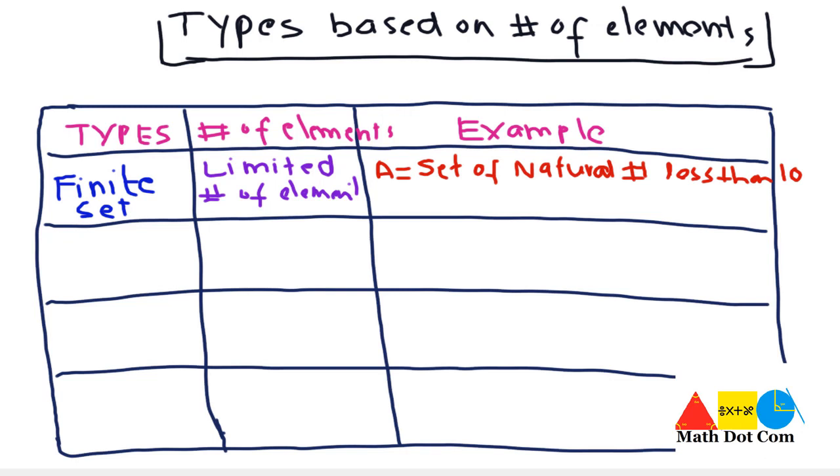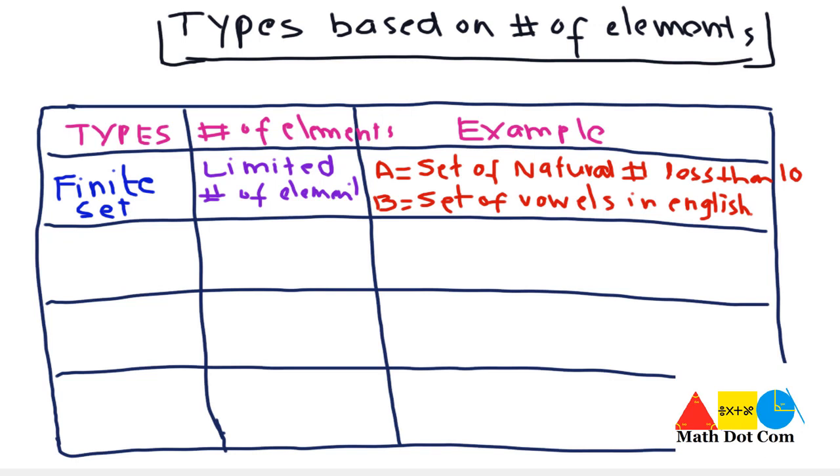This set is limited to 10, we cannot go beyond that. Another example is the set of vowels in English. How many elements are in the vowels? A, E, I, O, U. 5 elements. It also has a limited number of elements, and both of these sets are finite sets.